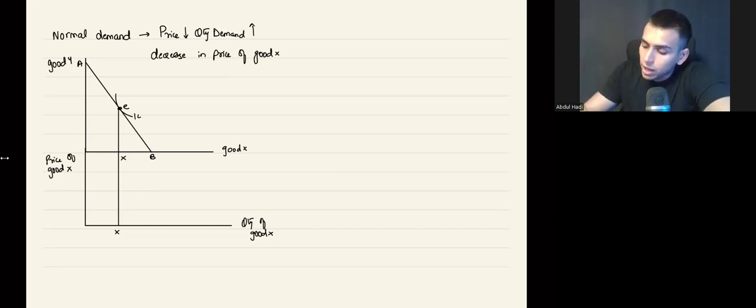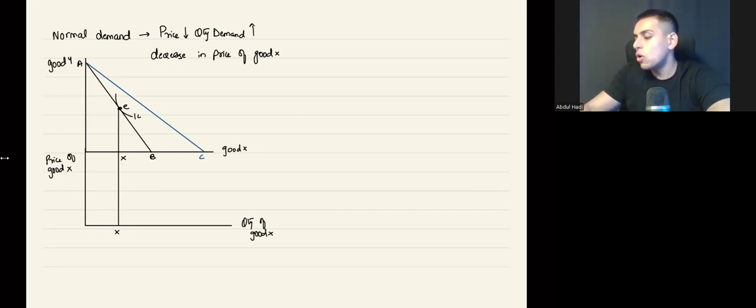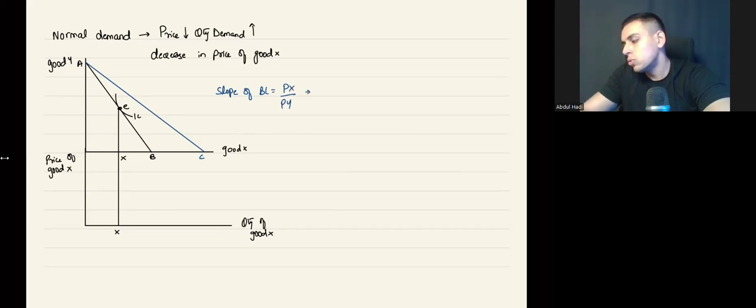So, keeping good Y constant, your budget line will tilt to the right from AB to AC, representing an increase in the purchasing power for good X, and the slope of the budget line will shift from Px over Py to Px1 over Py. Everything clear?